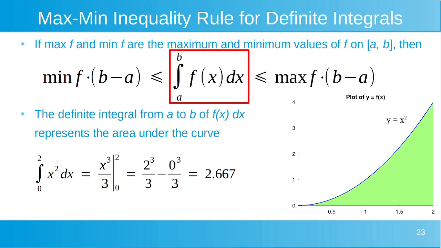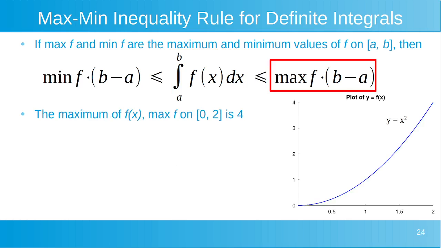So for this particular example, this part of the inequality is 2.667.